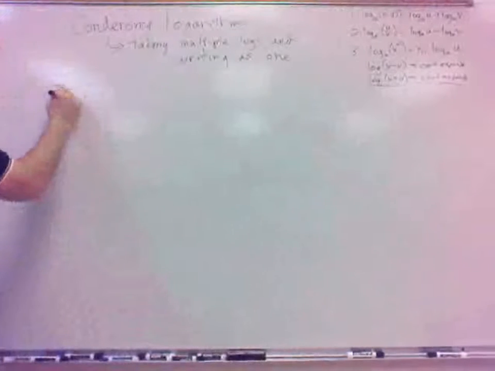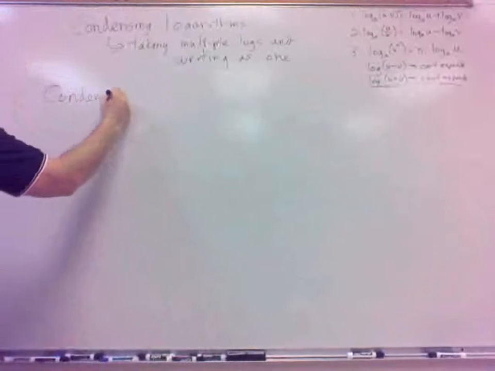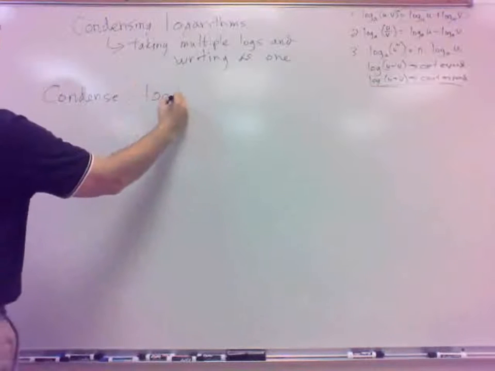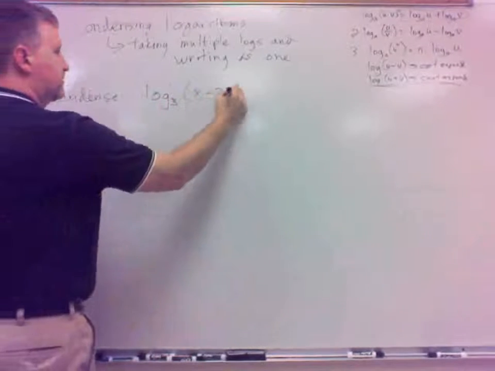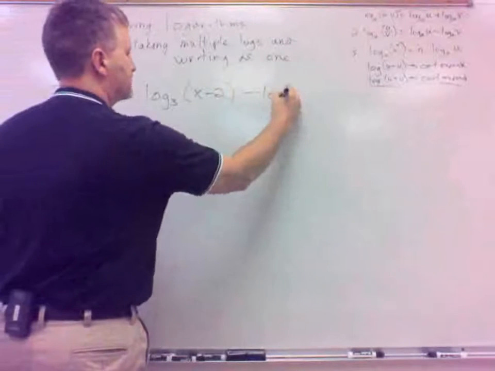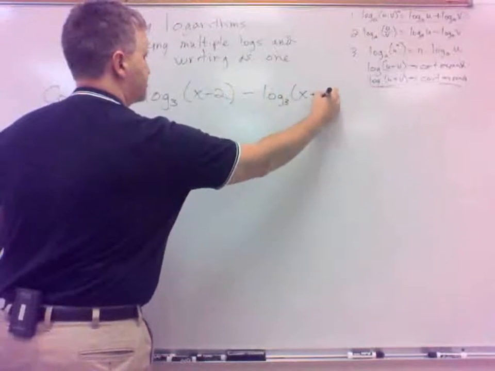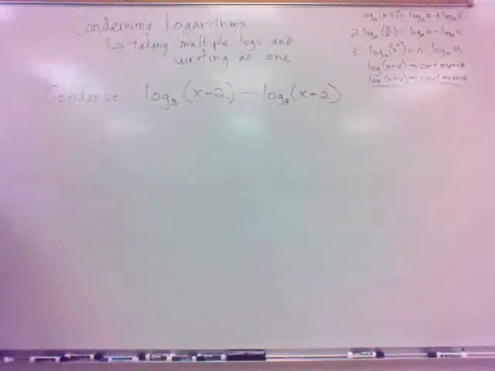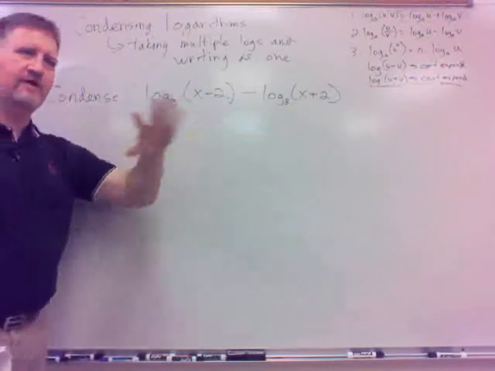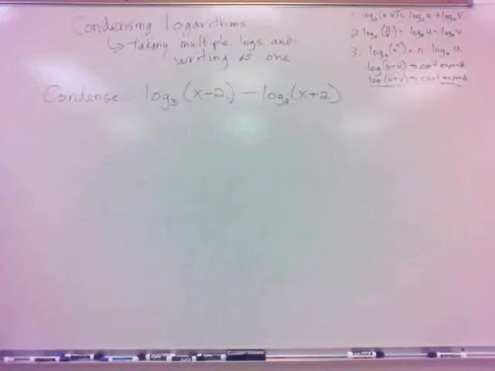All right, what about this one? Condense log base 3 of x minus 2 minus the log base 3 of x plus 2. Actually, this one's easy, isn't it? Because there's no numbers in front, so I don't have to worry with that.